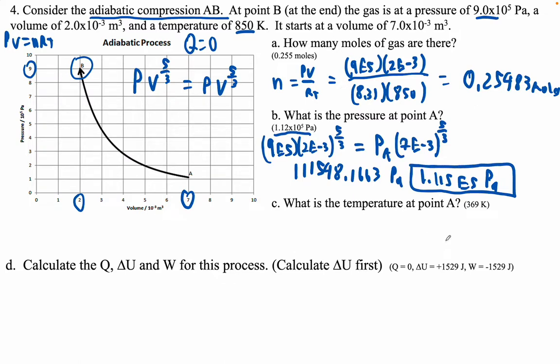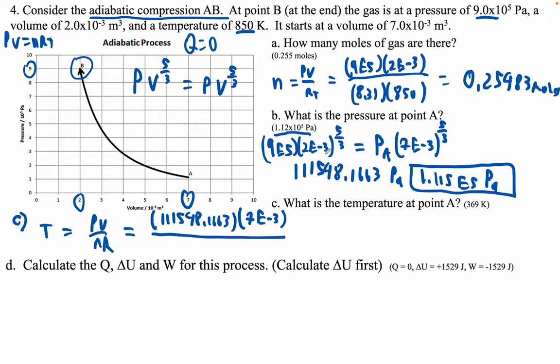So what's the temperature at point A? Well, we now know the moles, right? So temperature is going to be PV over nR, okay? So for A, temperature is PV over nR. And now we know the pressure at that point, right? So the pressure is 111,548.1663. Our volume is 7E minus 3.